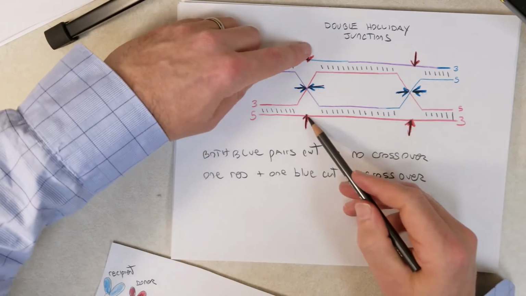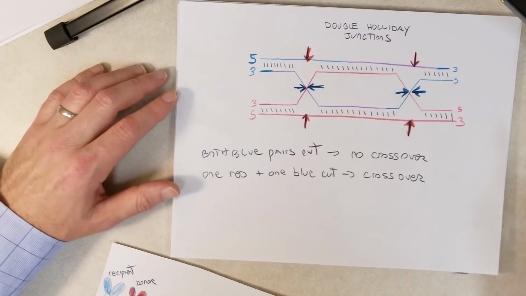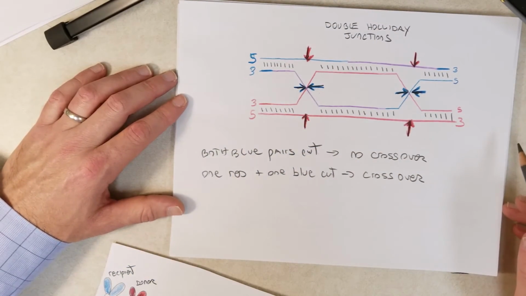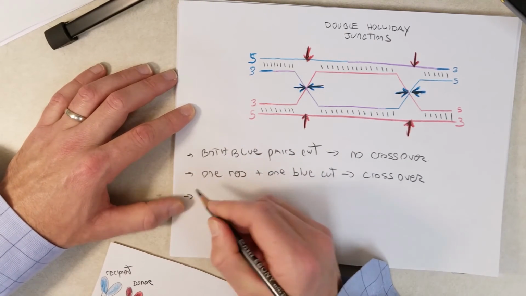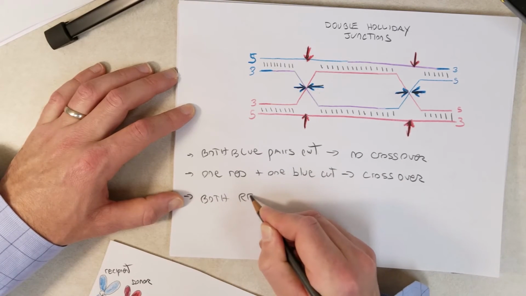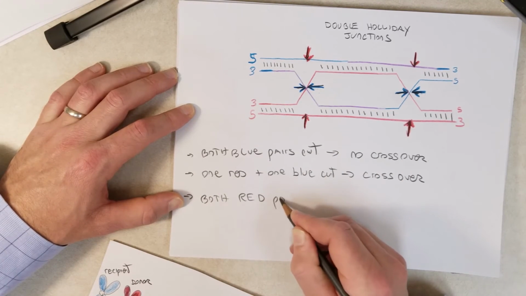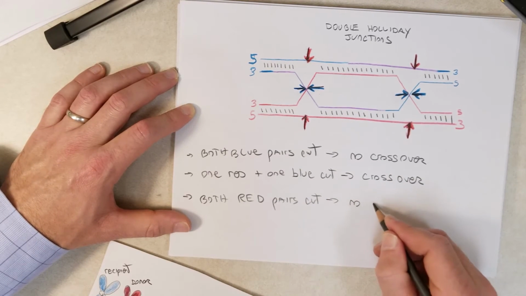It doesn't matter if it's this one and this one here, or this one and this one here, both of those will lead to a crossover. Now we also have another one where both red pairs are cut, that also leads to no crossover.